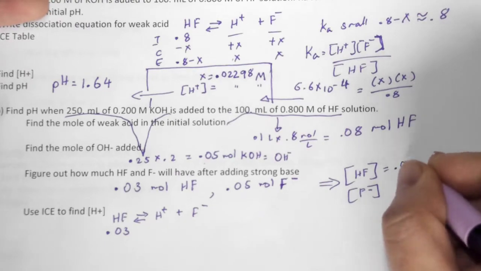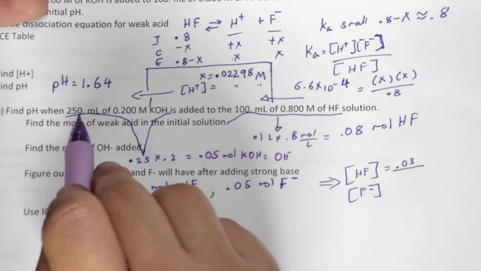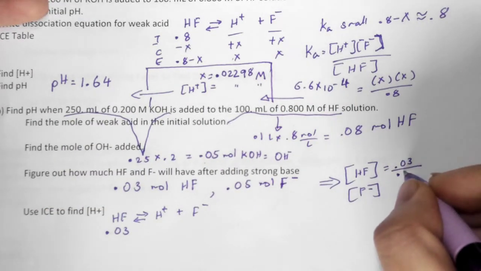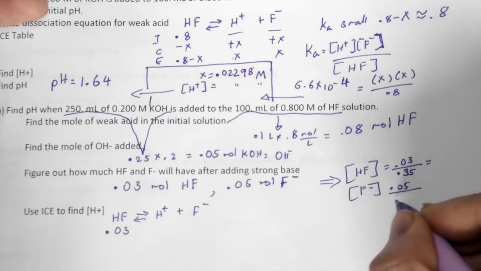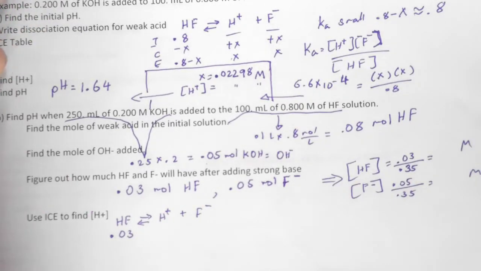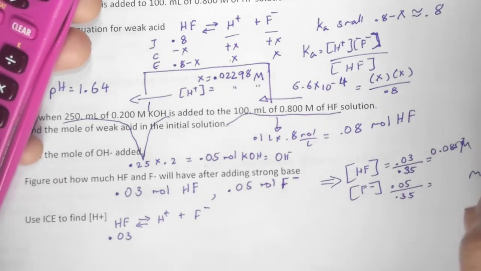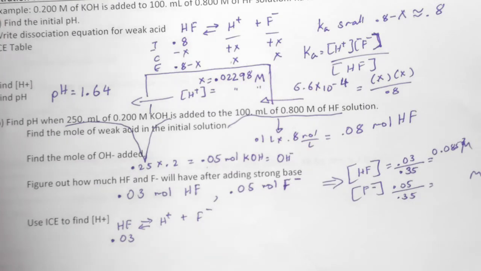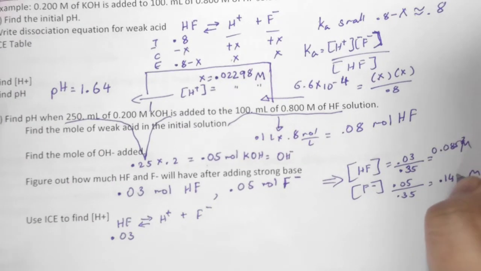So that means 0.03 divided by the total volume, 100 milliliter plus 250 milliliter, so that's 0.35 liter. Same thing here, 0.05, still divided by 0.35. That's going to give us molarity: 0.0857 and 0.143.